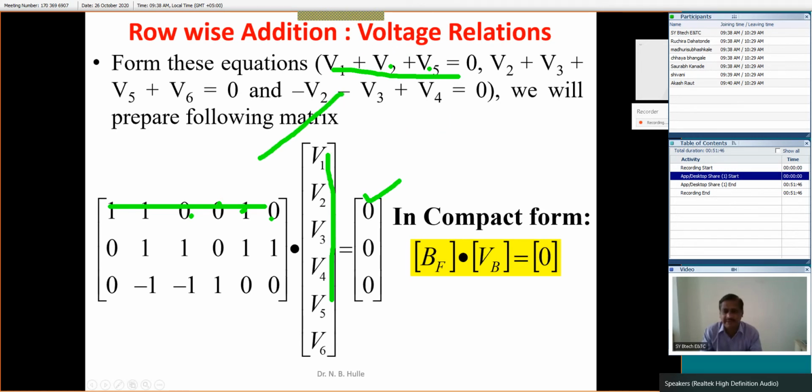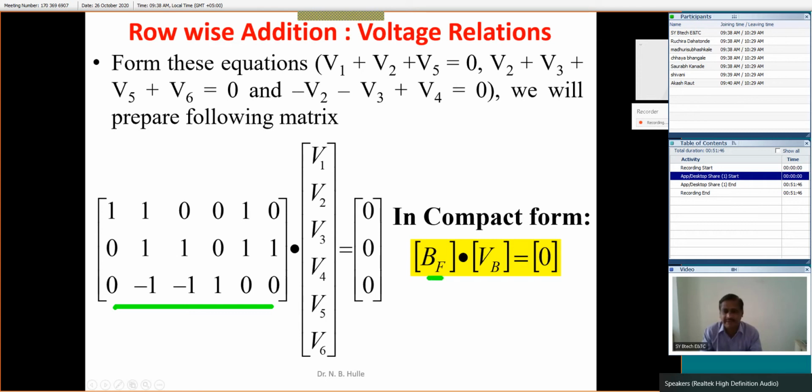Arranging these equations in matrix form, this matrix is the fundamental tie-set matrix, this is the branch voltage matrix, and this is the column matrix, the zero matrix.